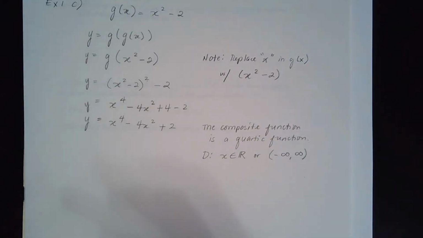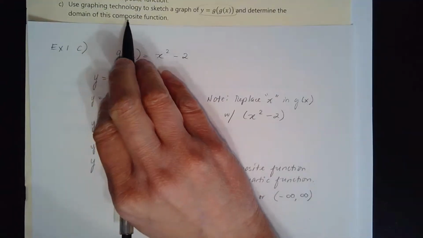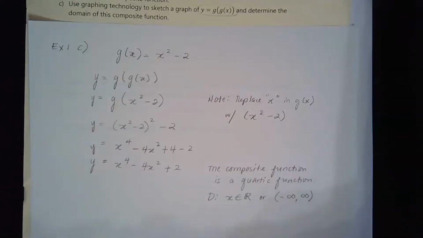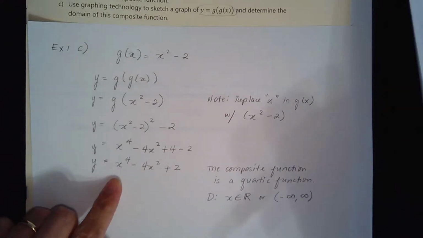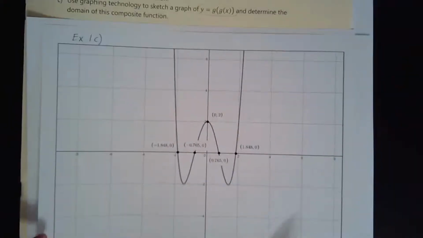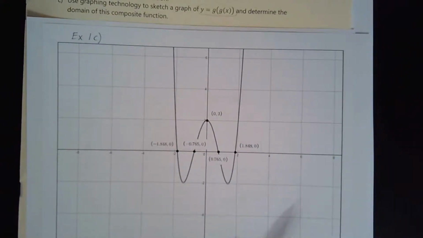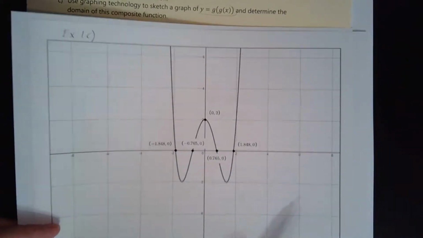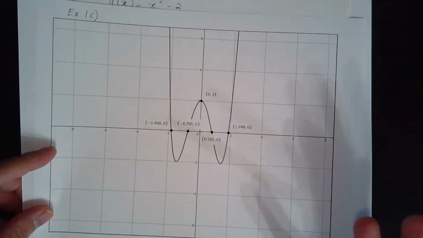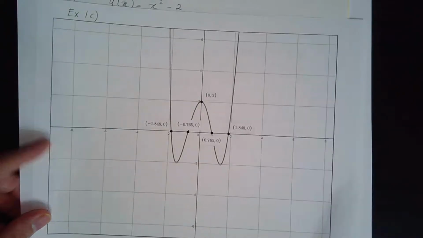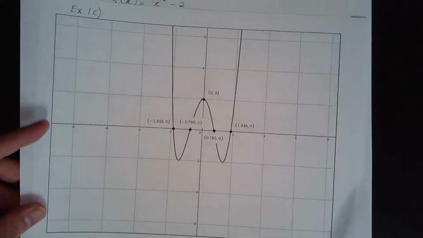Just to speed things up, because I know it says to use graphing technology to sketch, I've used Desmos again to graph this one, and this is what I got. This is the polynomial function, and this graph is on our scanned notes as well.